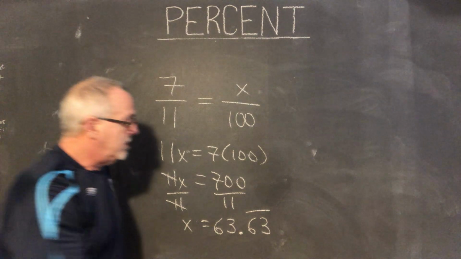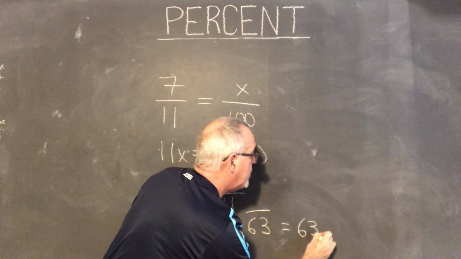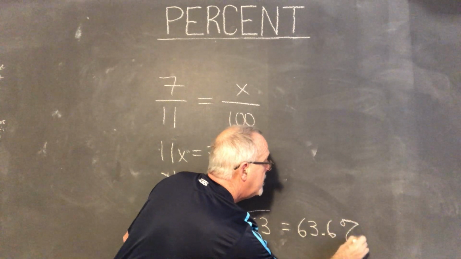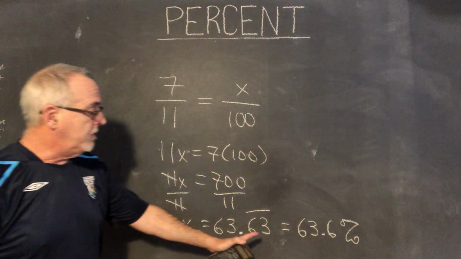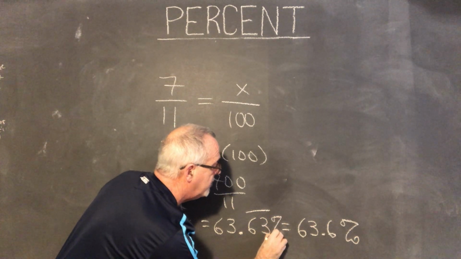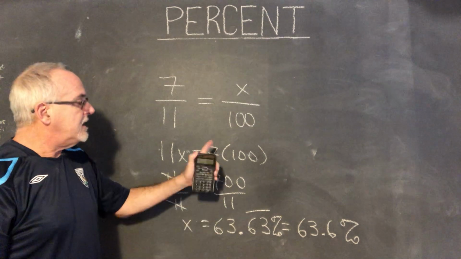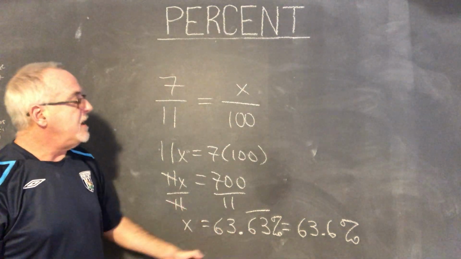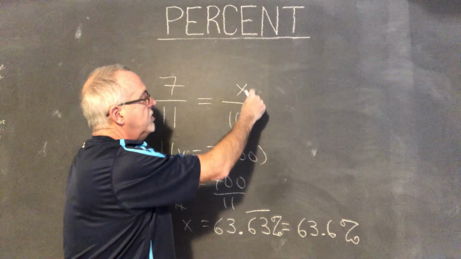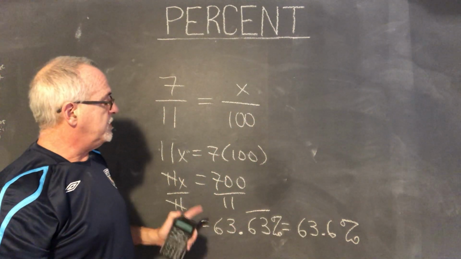Or I round. I could say it's 63.6. But it's important that I have to put a percent. I guess I should show the percent here as well, even though I didn't leave enough room. X is 63.63. But I can also say that 63.63 over 100 is equal to 63.6%.